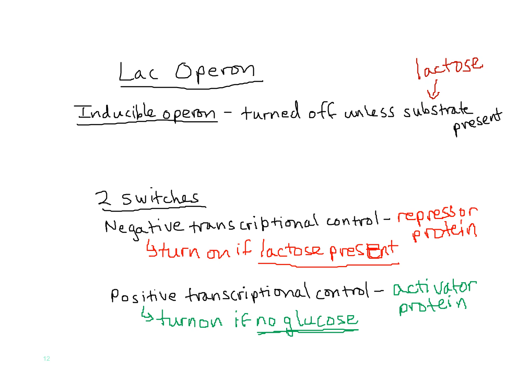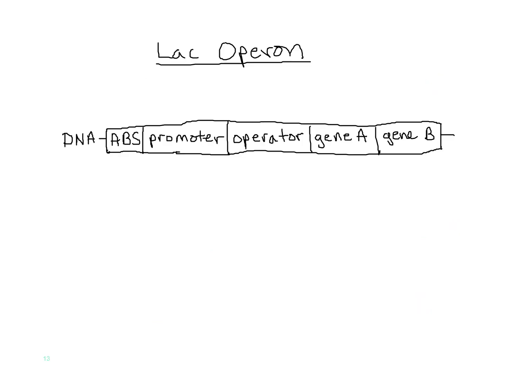Okay, so let's just take LacOperon out, and let's look at our repressor protein first. So we're going to be turning this on only if lactose is present, okay? And we're going to be using the repressor protein to check for that.